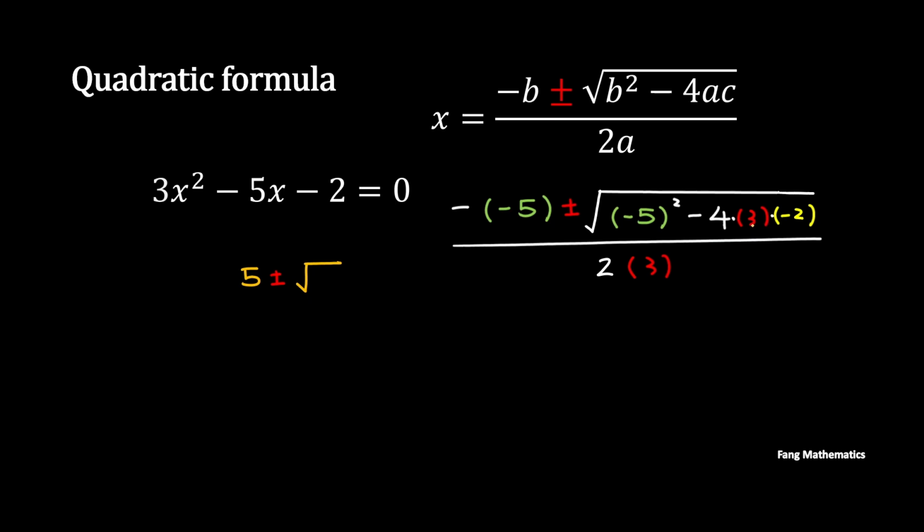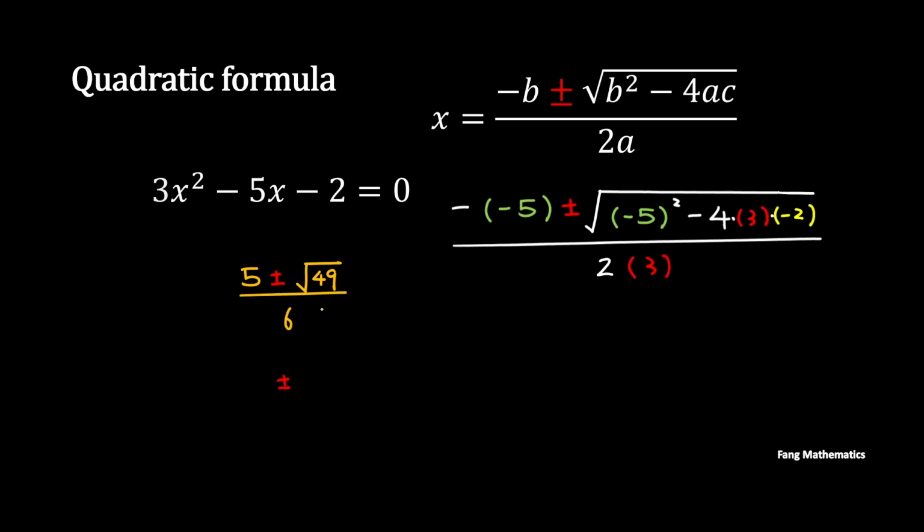So 4 times 3 times -2 is -24. And because of this minus, that should give you 49 inside the parentheses, 25 plus 24, everything over 2 times 3, which should give you 6.